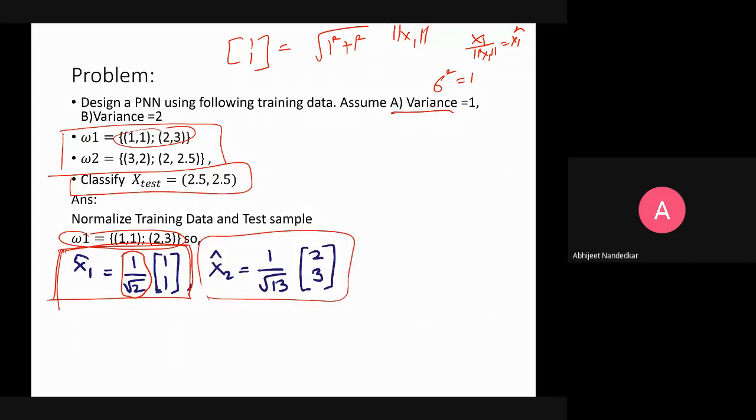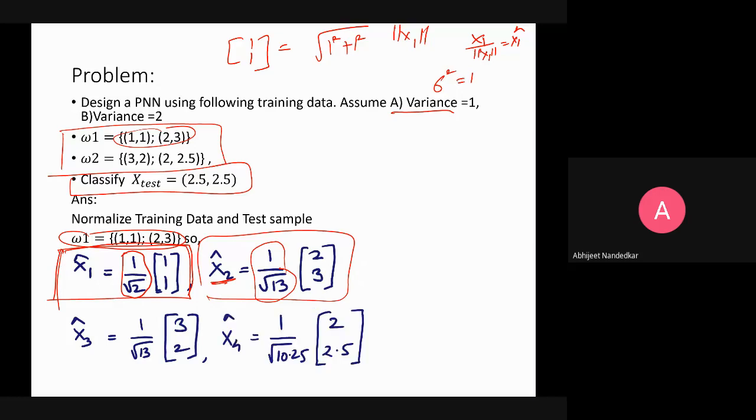So 2 square plus 3 square, so it will be 4 plus 9, so square root 13. So I should divide by square root 13 so that I will get x2 normalized. Then similarly, x3 normalized is 1 by root 13 multiplied by 3. Then x4 is normalized. Now these 4 patterns are normalized.